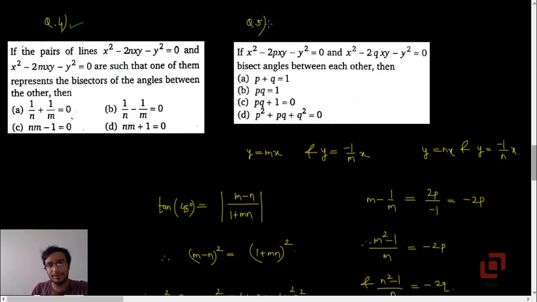Questions 4 and 5. Now I have combined them in a single question because both are identical. In question 4, the only difference is they are using the letters m and n for the parameters, and in question 5 they are using the letters p and q. Okay. Now I have solved question 5 because I wanted to use the letters m and n for slopes of the lines.